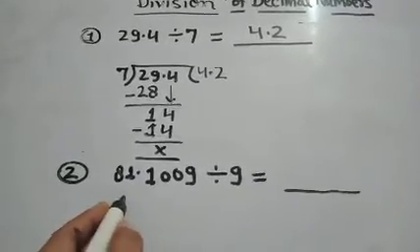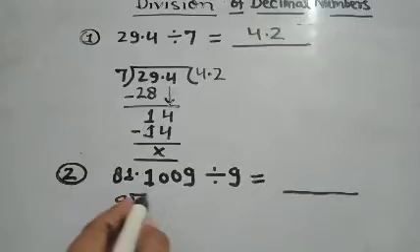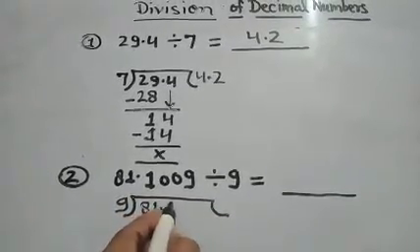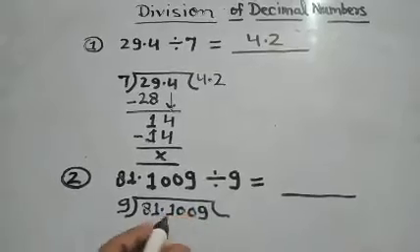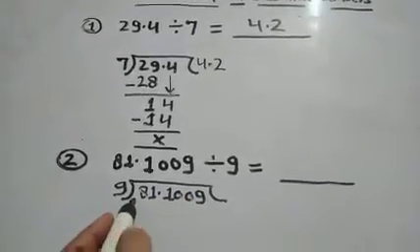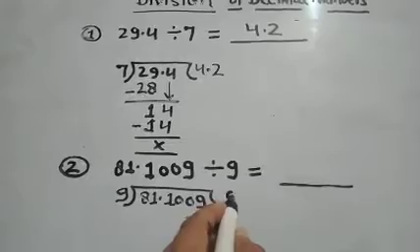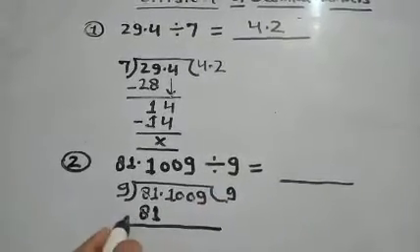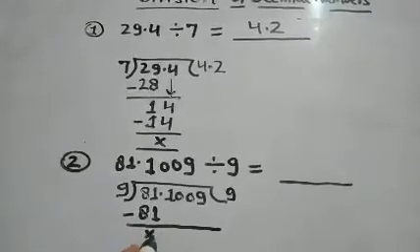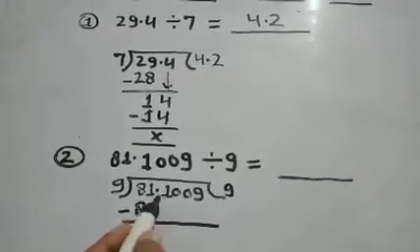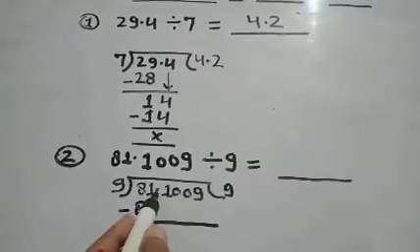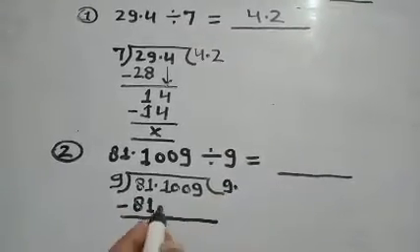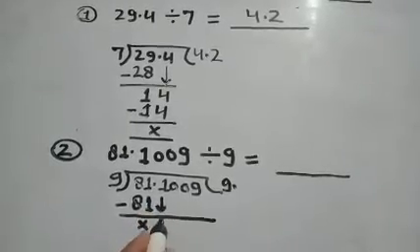So the process will remain the same. 81.1009. So look here. 9 9s are 81. Cancel. There is nothing left. Now before copying 1, you check the decimal. Put the decimal after 9 and now copy 1.